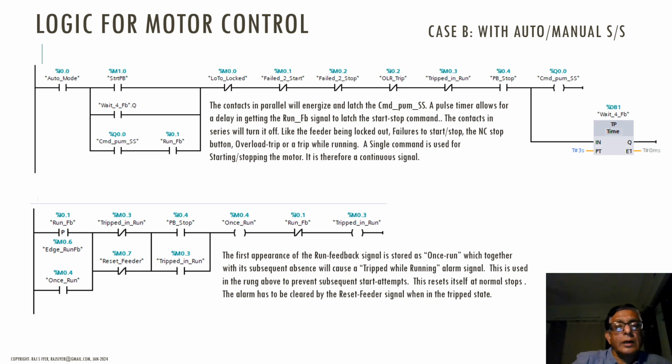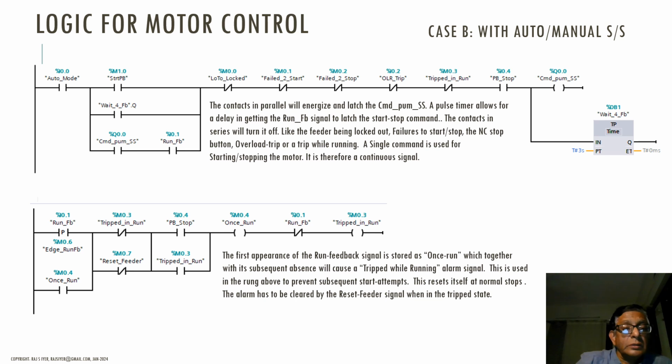It has started running, and any subsequent vanishing or failure of the run feedback signal, with that once run set, and then this in the absence of the run feedback, the tripped in run flag will be turned true.